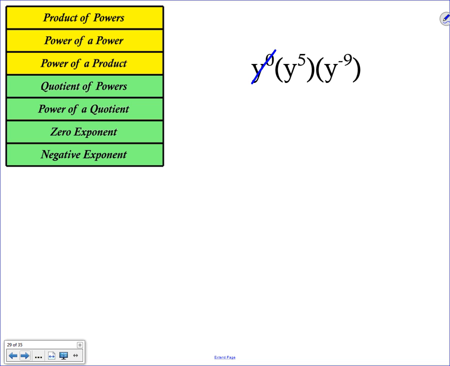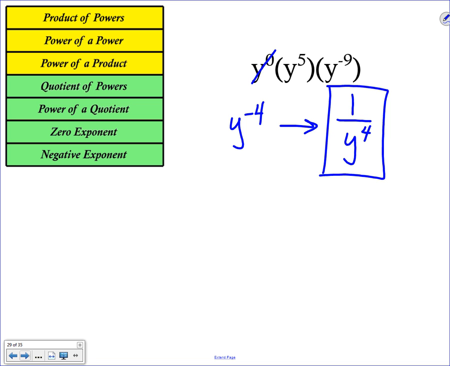I add the exponents here. 5 plus a negative 9 is y to the negative 4. I cannot end a problem with a negative exponent, so I'll have to bring the y to the negative 4 to the denominator. Make it 1 over y to the 4th power.